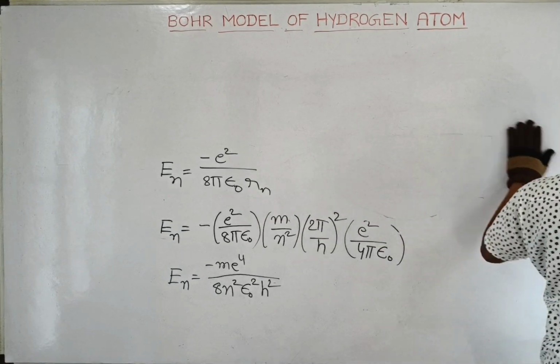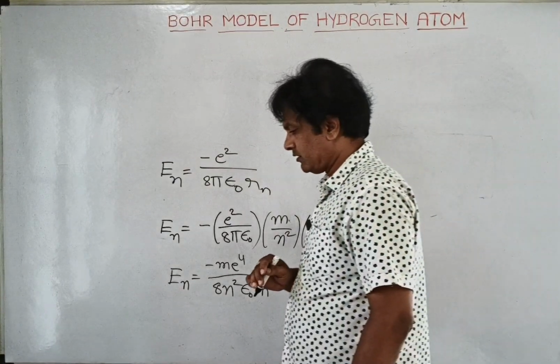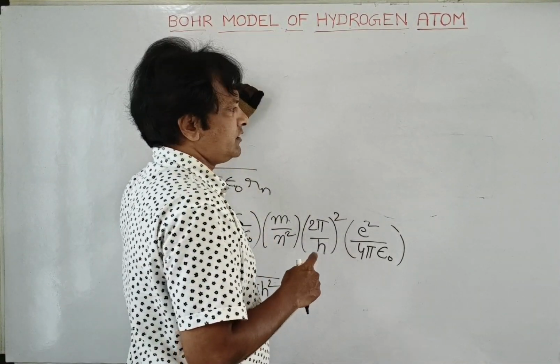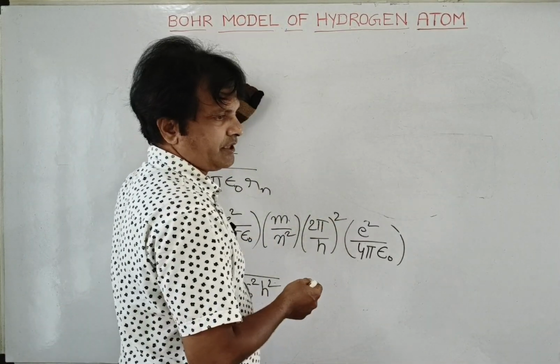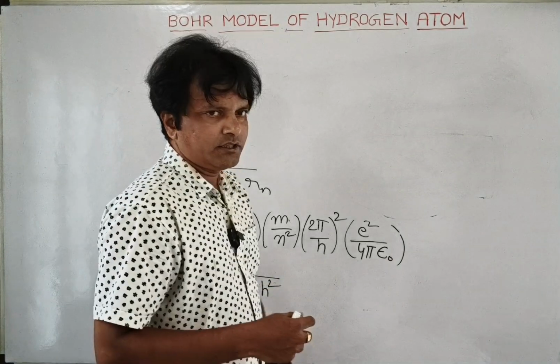See, this energy, whatever we have calculated here, assumes electronic circular orbits under an inverse square force. In this derivation, we assume these are all circular orbits. As per these energy formulas, the orbits are circular.